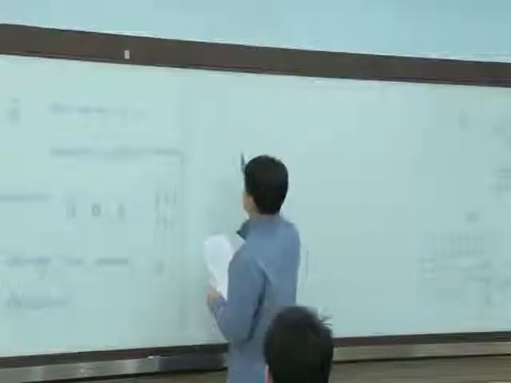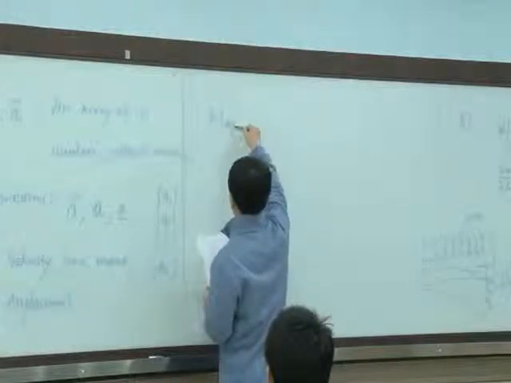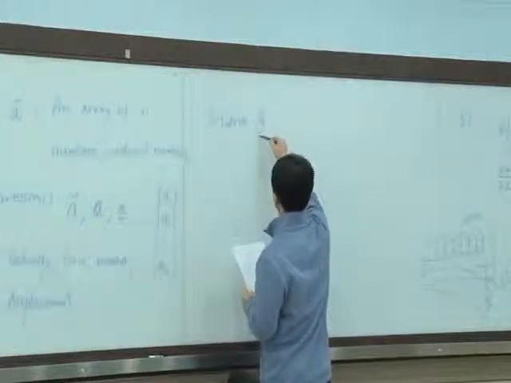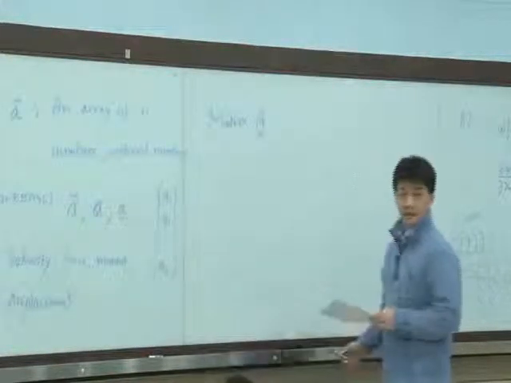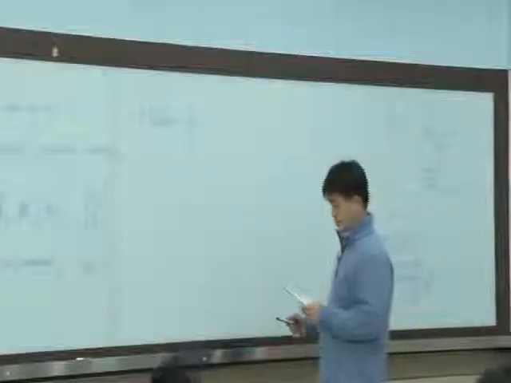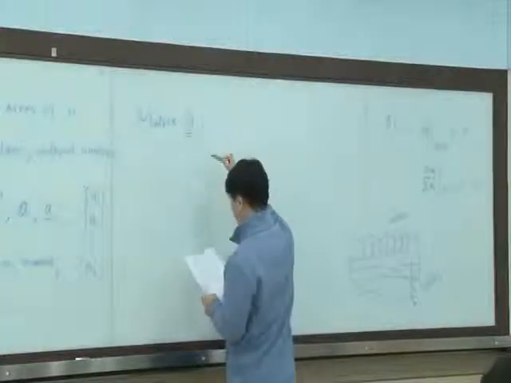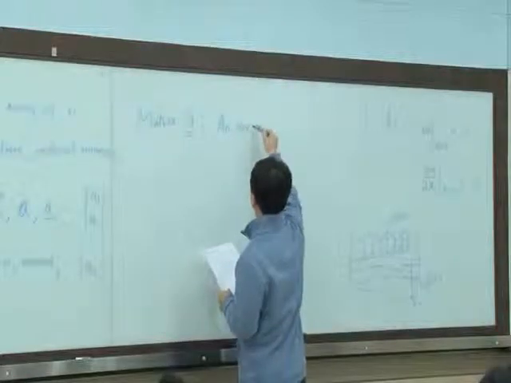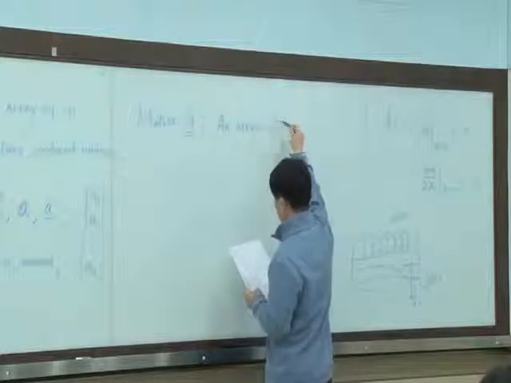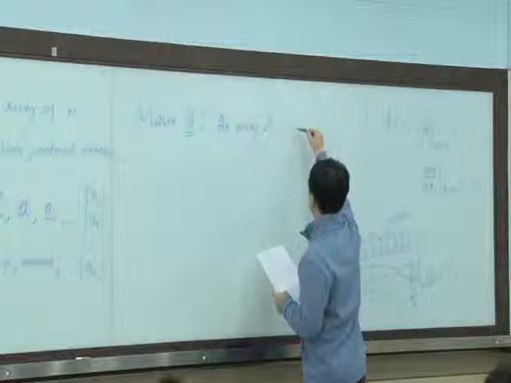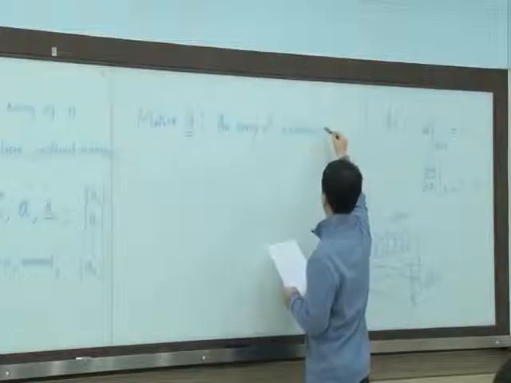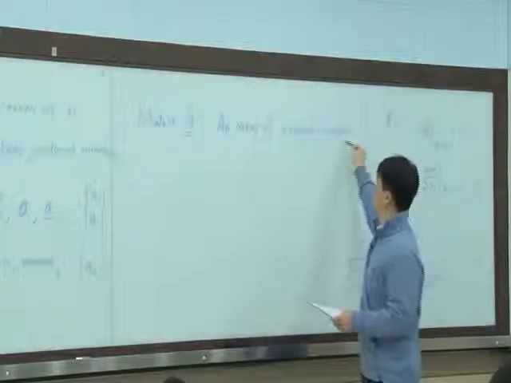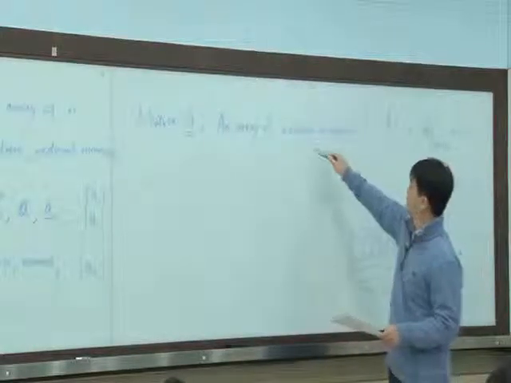And matrix: let's say we have a matrix A. It's an array of ordered numbers, and an ordered set of numbers is a vector, right?